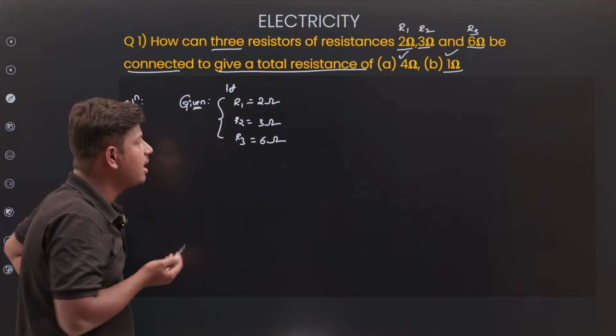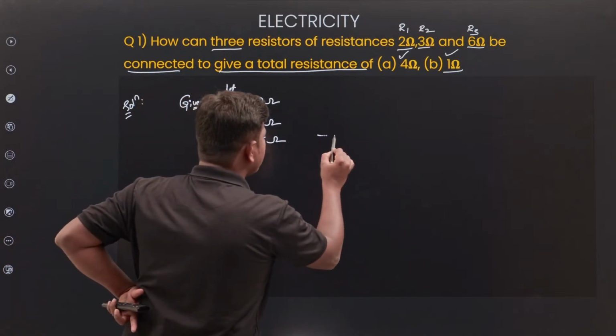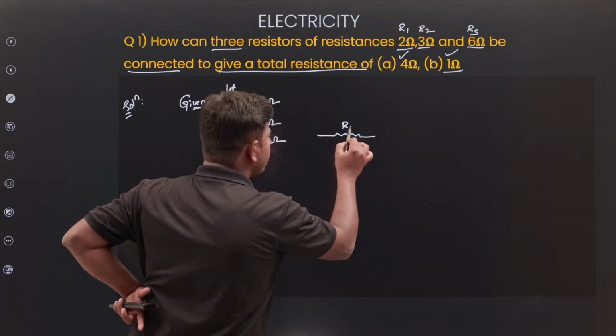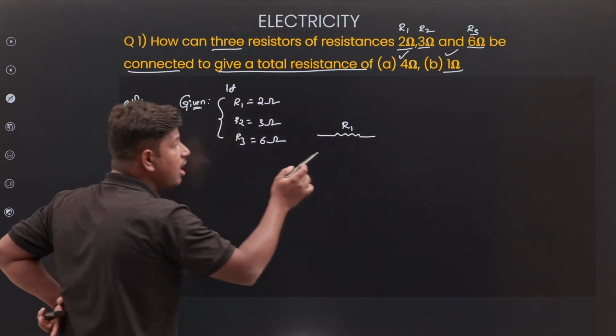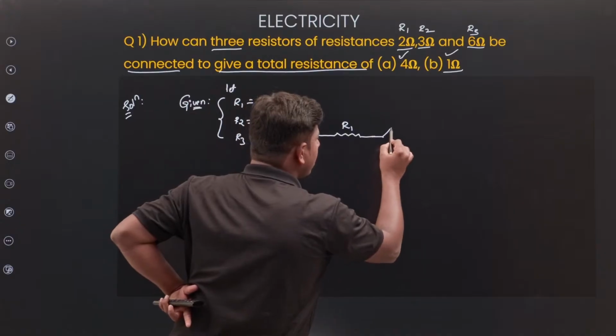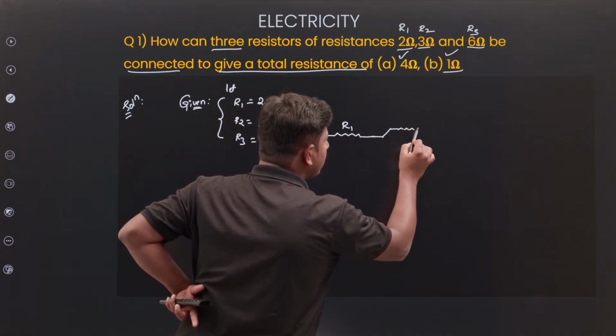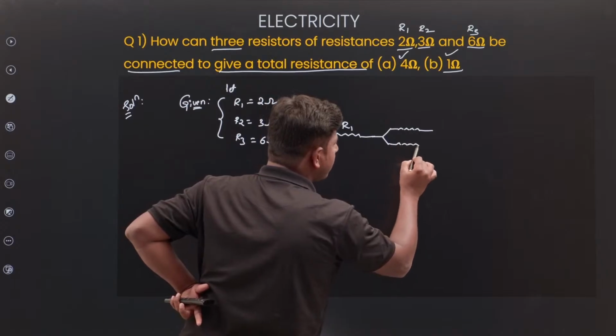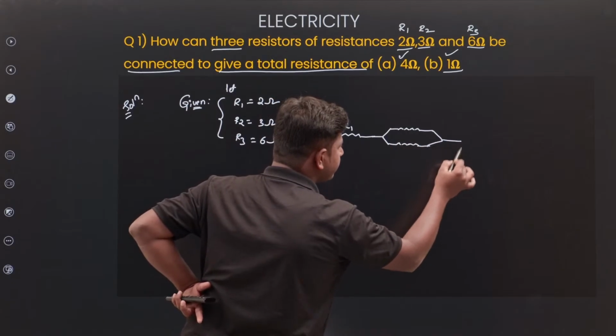How can we connect? I'm taking R1 like this, and here R2 and R3, connecting like this.